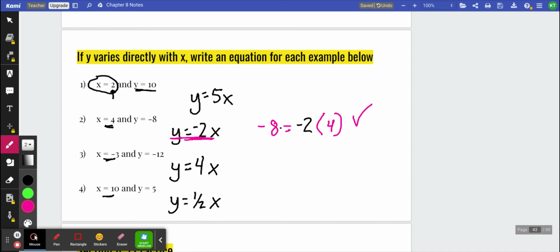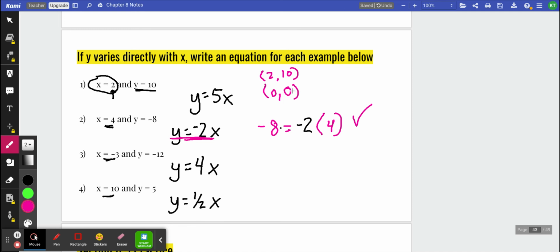And this is the only time where you can write an equation like this knowing only one ordered pair. When x is 2 and y is 10, another way to write that is 2, 10. And typically we need 2 points in order to write an equation. But when it varies directly, we know the other point is 0, 0.